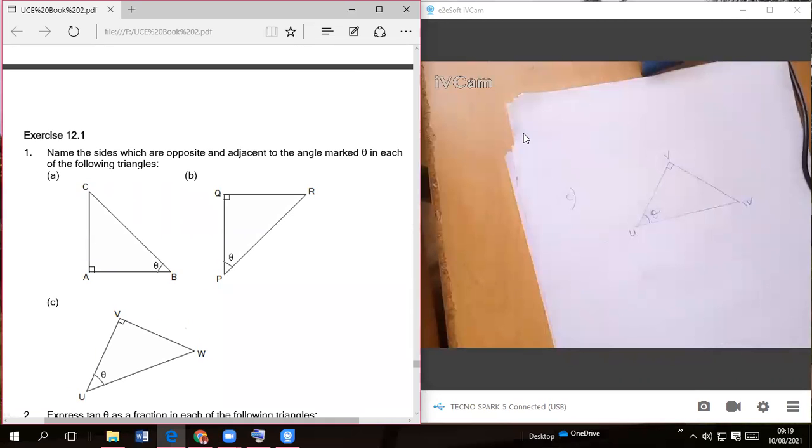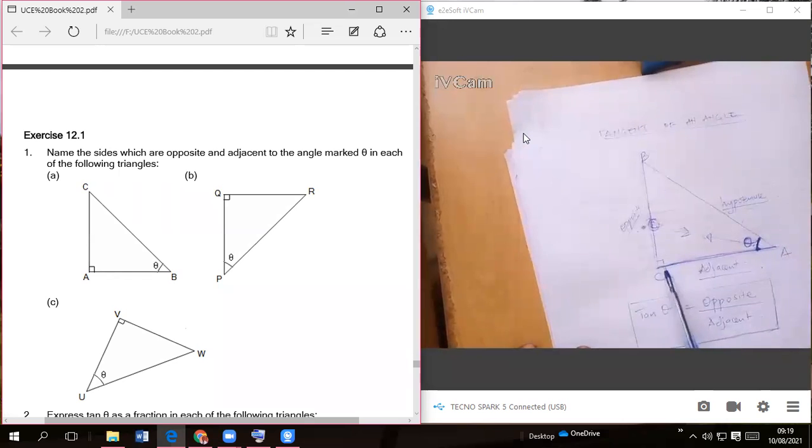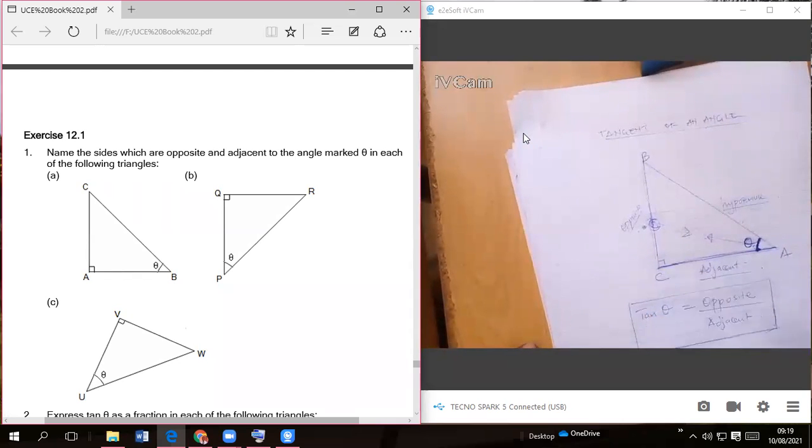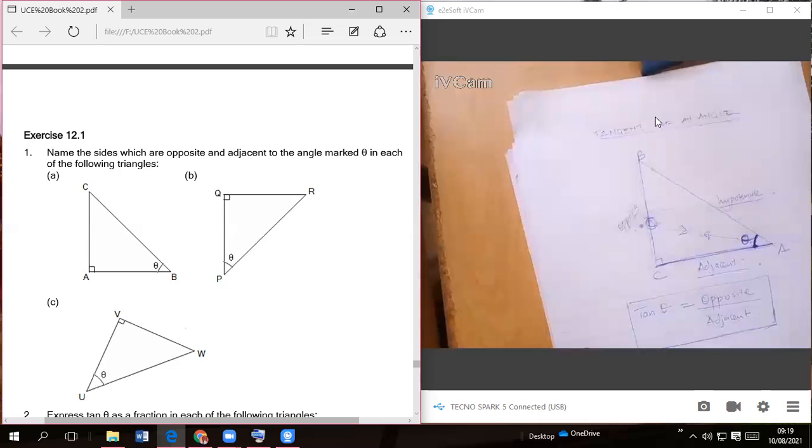They have tried to alter the shape of that triangle, but we know where there is 90 degrees. Where we have 90 degrees, it is between two sides, the adjacent and the opposite.